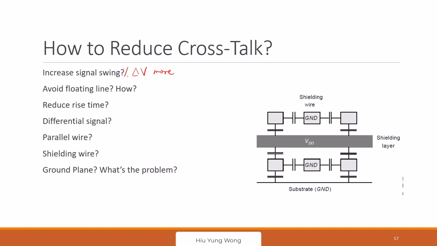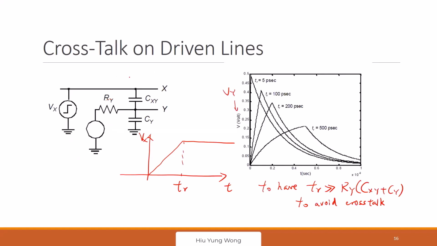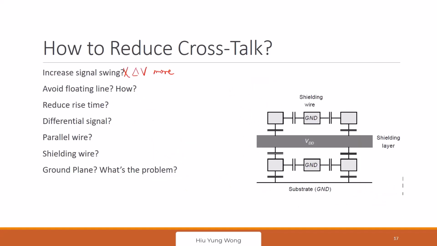So this doesn't work. Okay, how about floating nodes? We just discussed, if you float it, again, you will have more crosstalk, right? So you need to avoid floating nodes. Just connect them to ground or somewhere. And as I said, increasing the rise time will reduce the crosstalk.